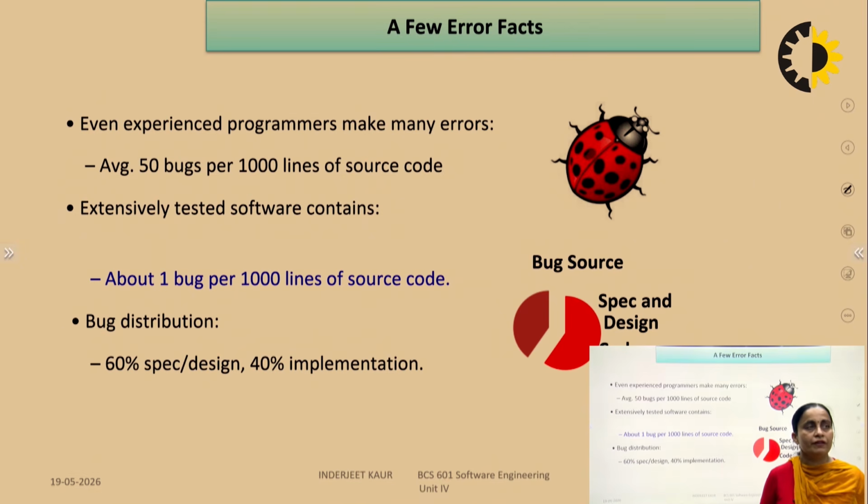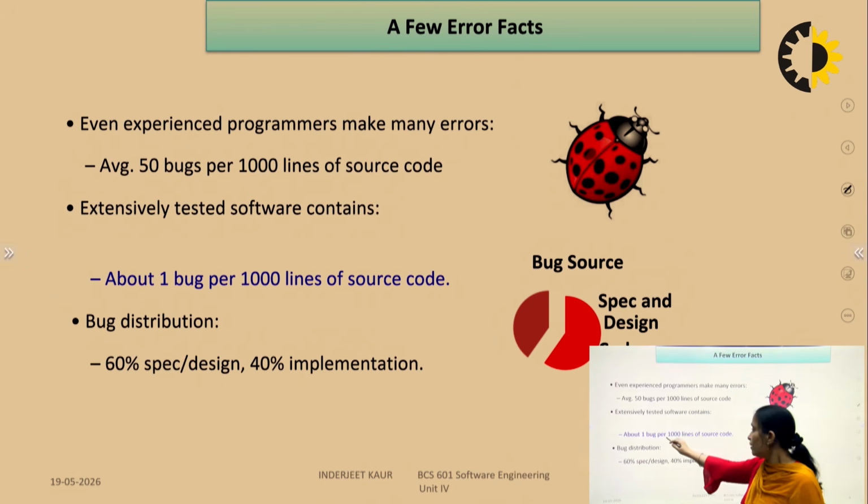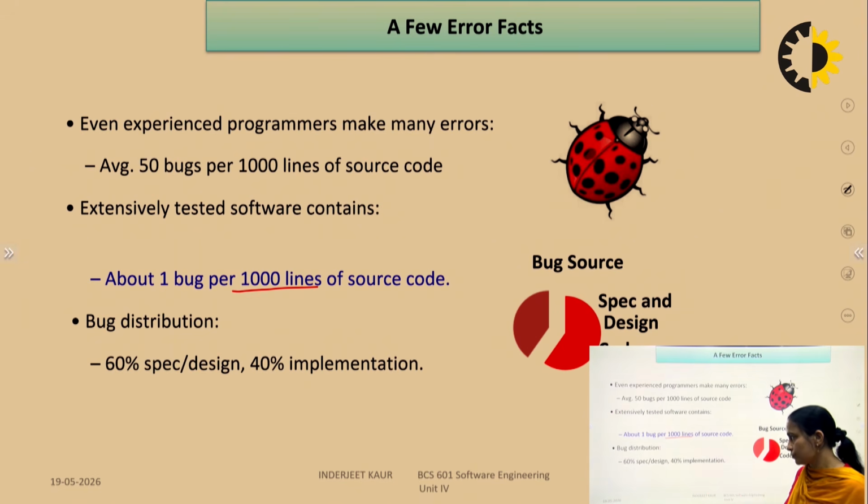If I take the example of tested software companies, there can be 1 bug per 1000 lines of source code.